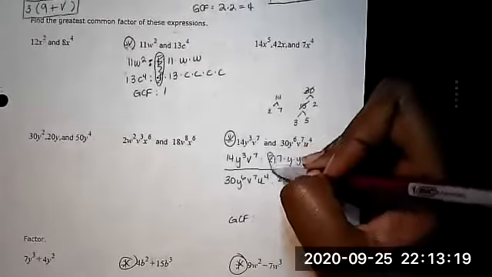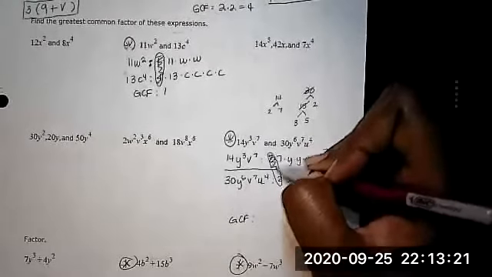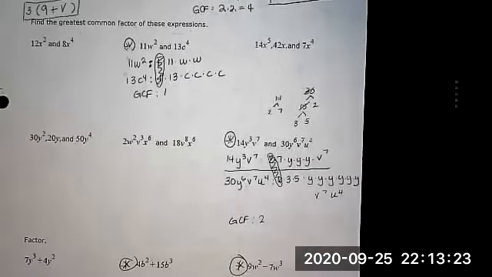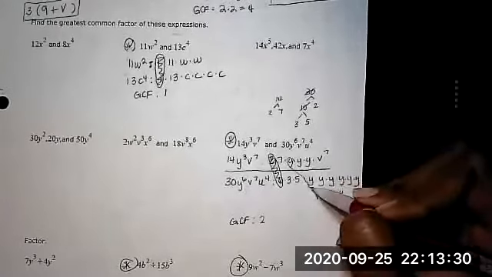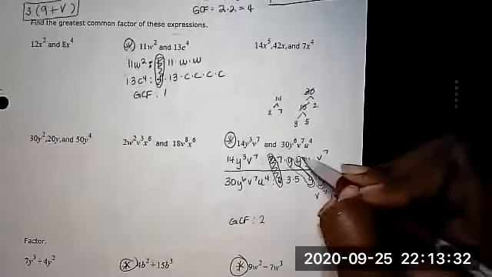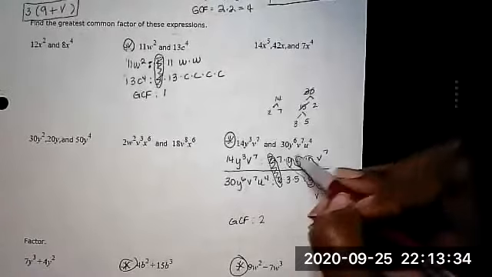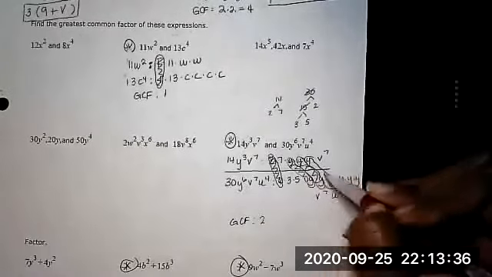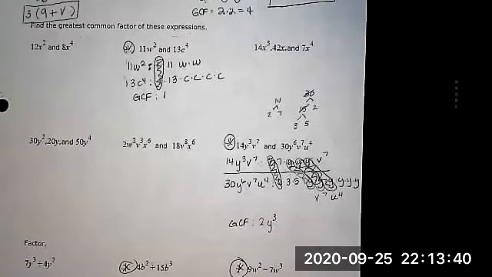I can see that 2 is common. Okay? So I'll write it one time. If it's common, you write it once. Anything else you see? I see 1, 2, 3 y's common. Okay? So y cubed, because that's y 3 times.